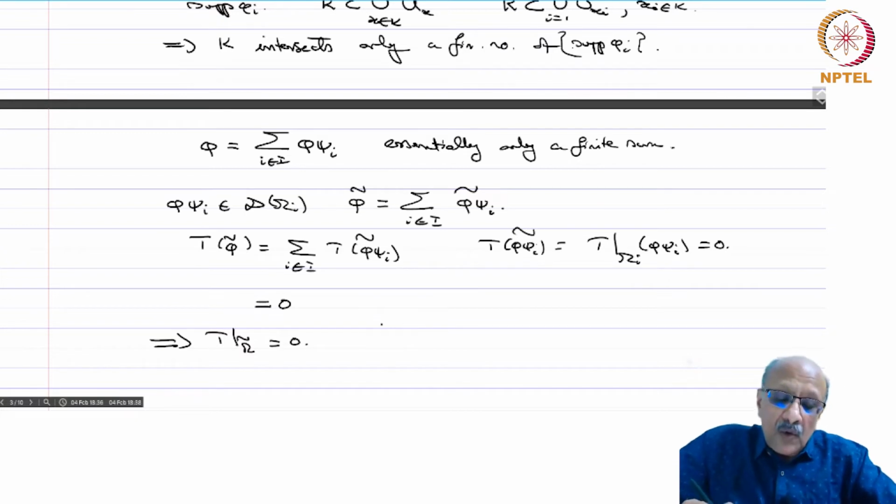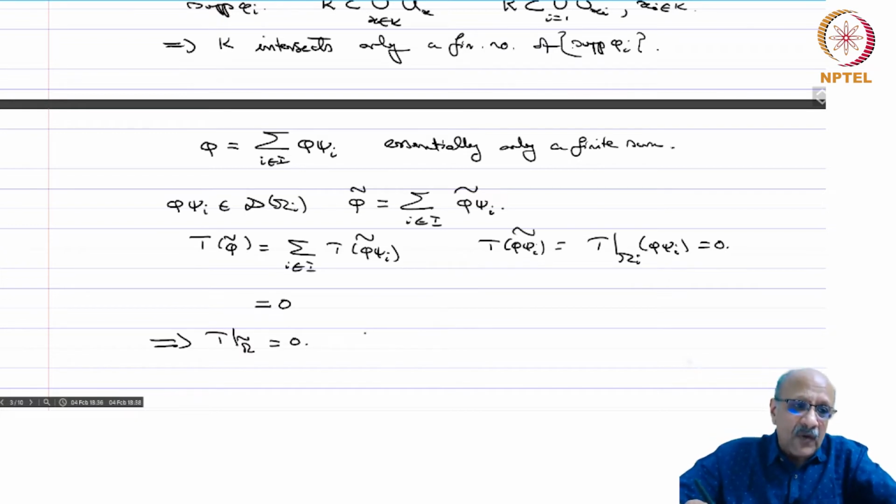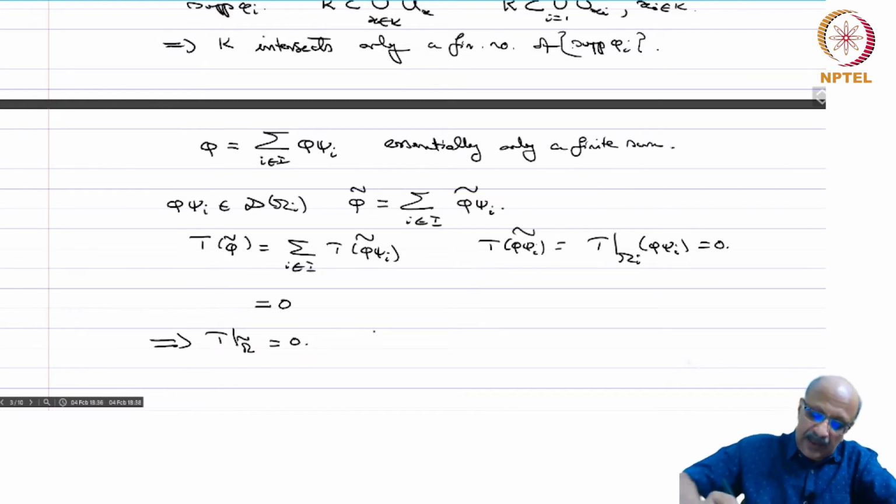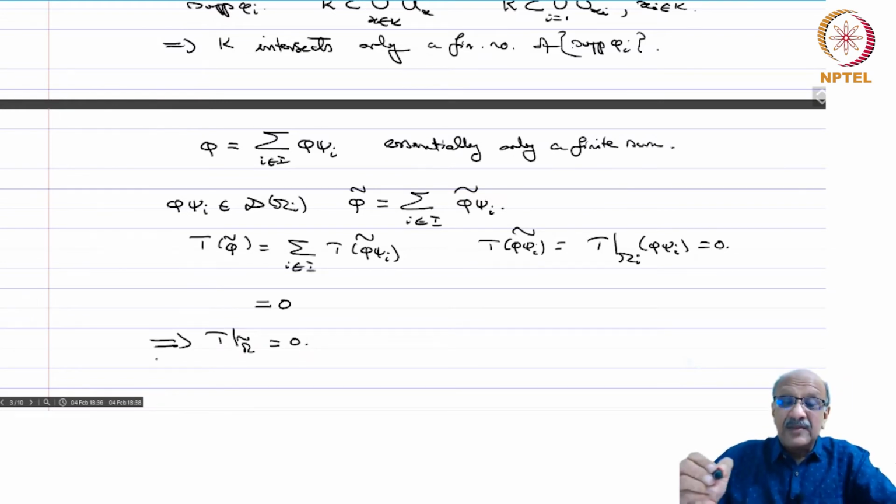Okay, so if T vanishes on a certain number of open sets, then T vanishes on their union. So it makes sense to say there is a largest open set on which T vanishes.